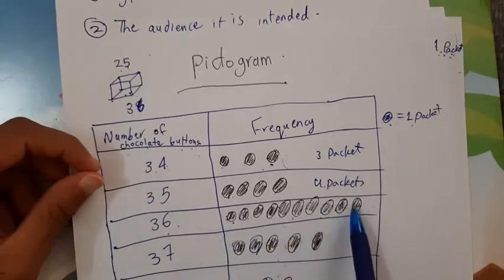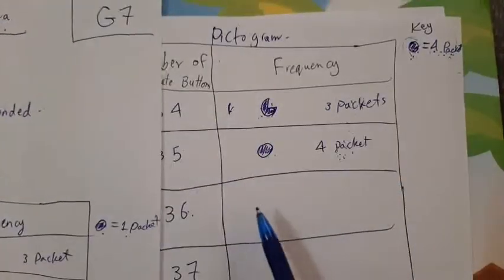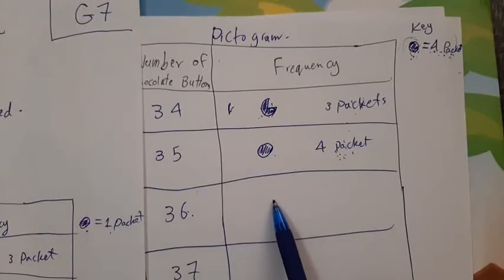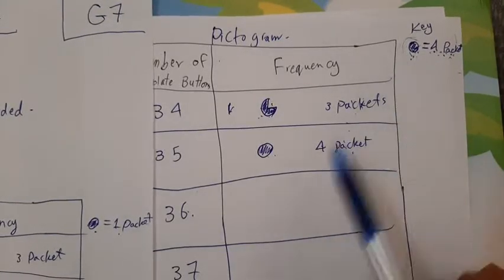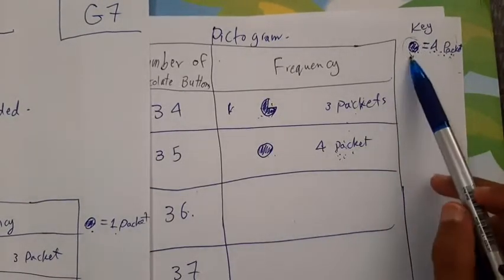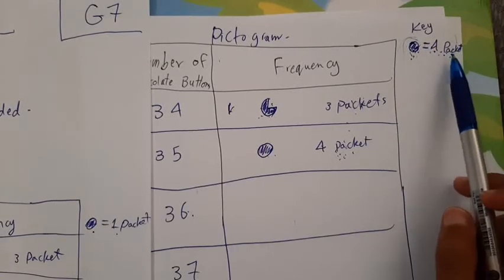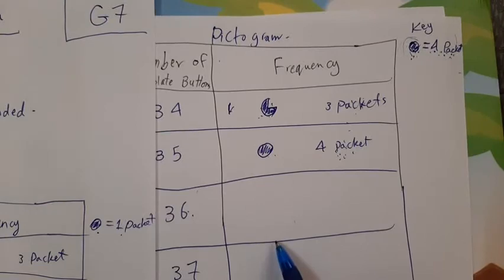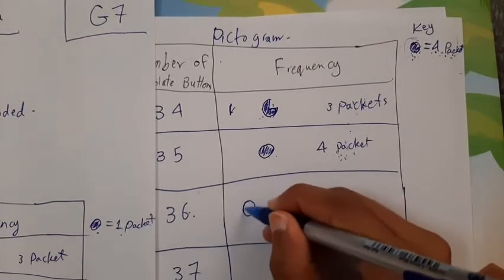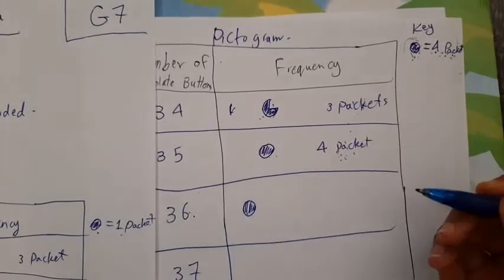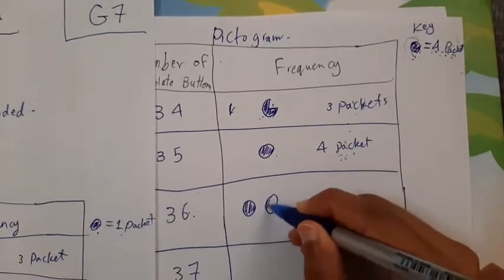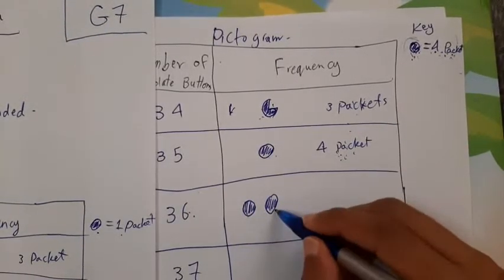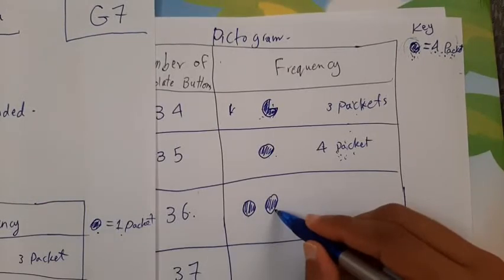But here it is not going to be 10 circles, because each circle in this pictogram represents 4 packets. So how many circles do I need to represent 10 packets here? 1 circle for 4, right? Another circle for another 4, so 4 and 4 equals 8, right?